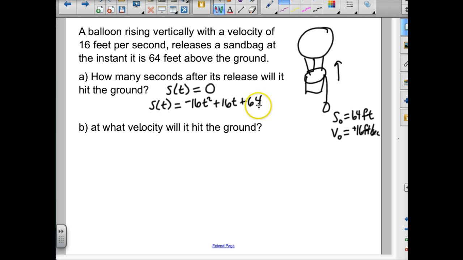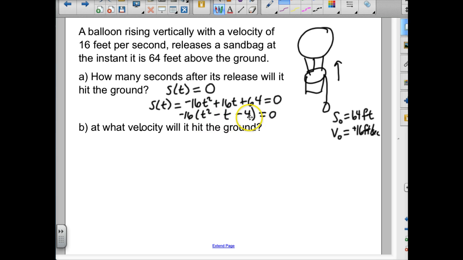So how many seconds after its release will it hit the ground? What we want to know is when will this hit the ground? So you can factor out a negative 16. So we'll have 16 t squared minus t minus, I believe that's 4.